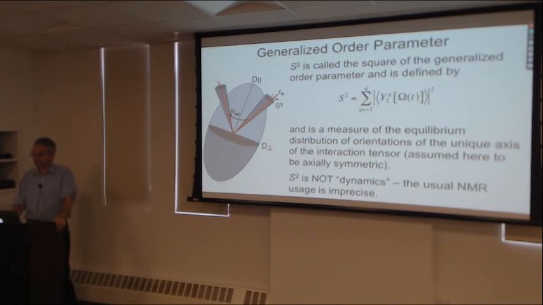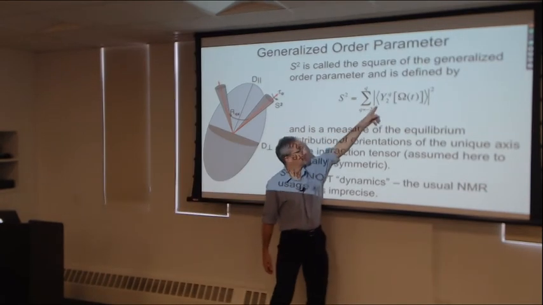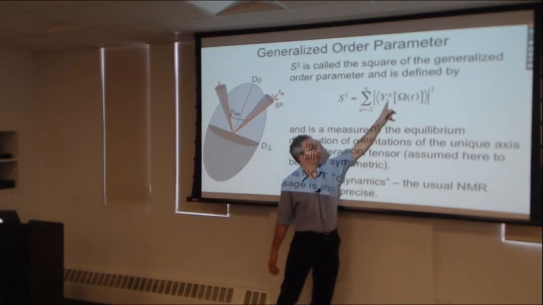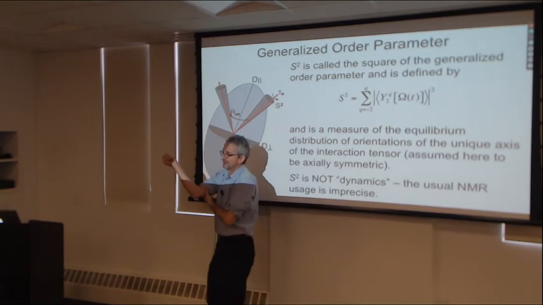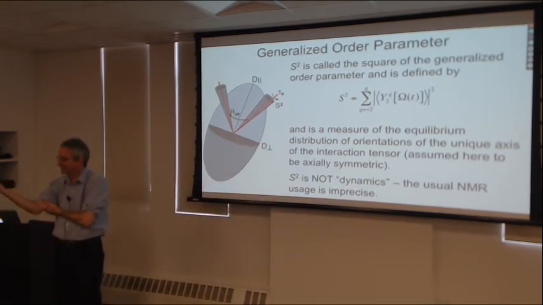So S squared is a measure of the average, i.e. equilibrium distribution of the orientation of whatever interaction we're talking about, the bond vector orientation, etc. So it's an equilibrium property of the molecule in the system.